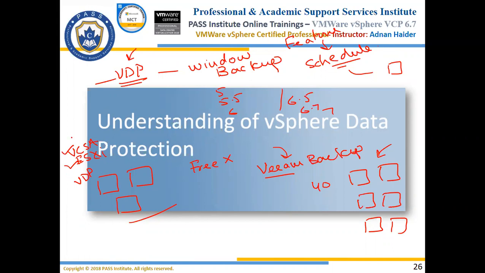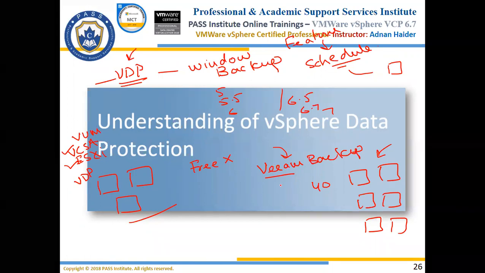Probably you might have bought the VUM license as well. So they will give you a discount on VDP as well. For a smaller environment, VDP might be a good choice, but for a large environment, VDP might be expensive. In that case, companies might go for Veeam Backup. Why would they go for Veeam Backup? Because those large companies already have other products from Veeam.